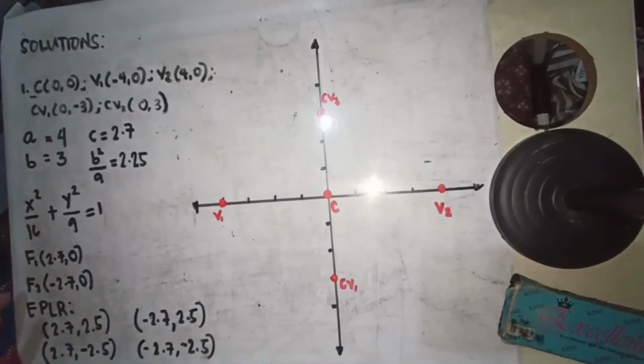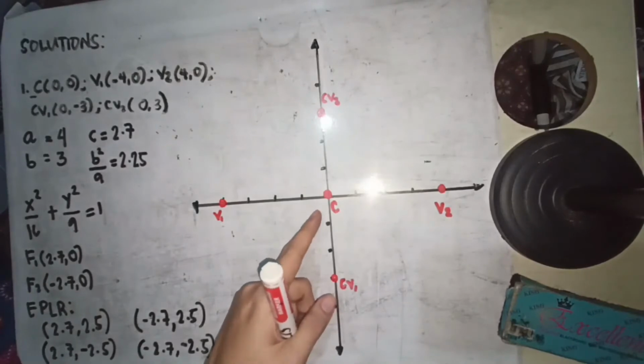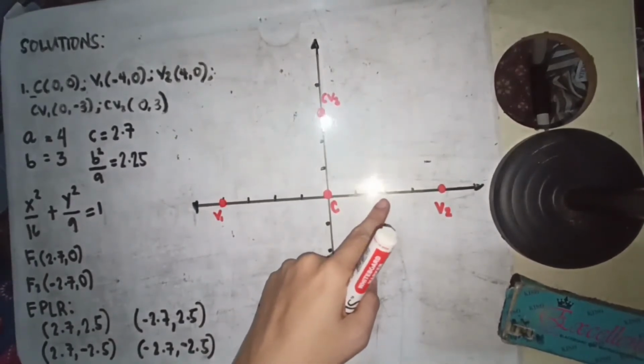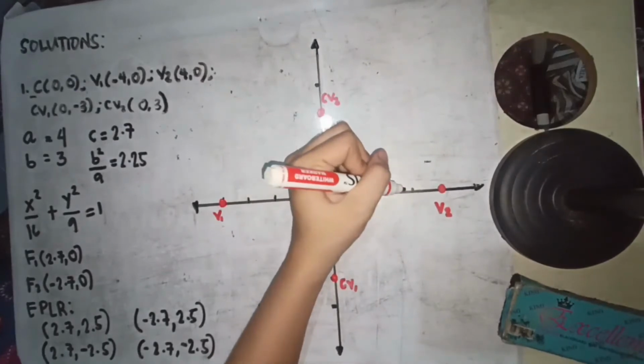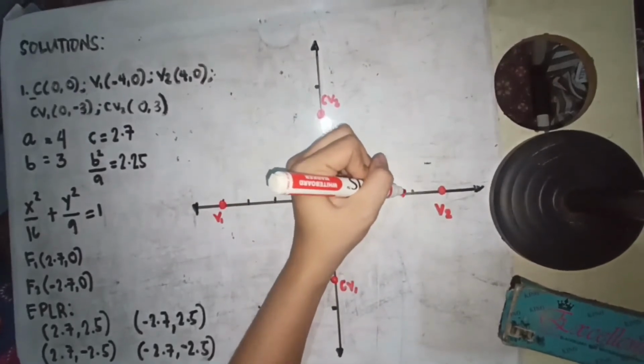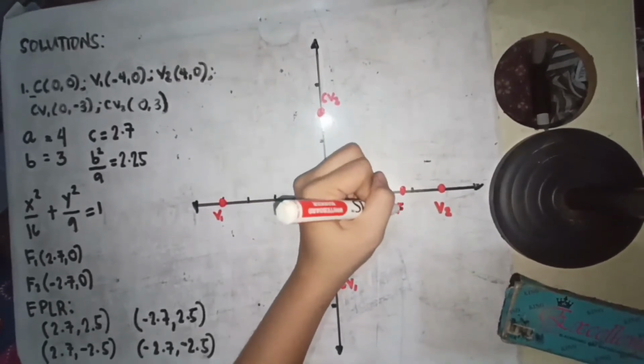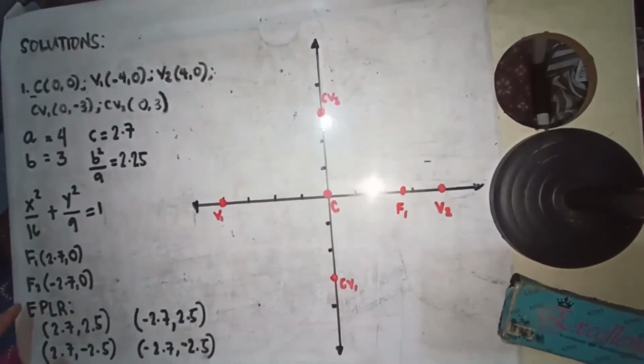Next, we have our foci. F sub 1 is 2.7 and 0. Approximately, 2.7 is close to 3, assuming it is about here. This is F sub 1.